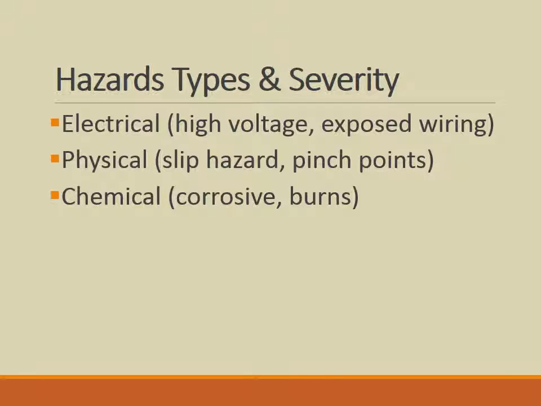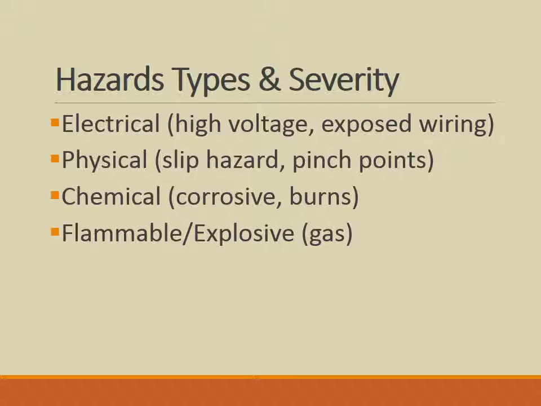The next class of hazards is chemical hazards. These hazards could be corrosive or cause burns to an employee. The next hazards are those that are flammable or perhaps explosive. Gas would be a good example of this. And then the last hazard is just other.